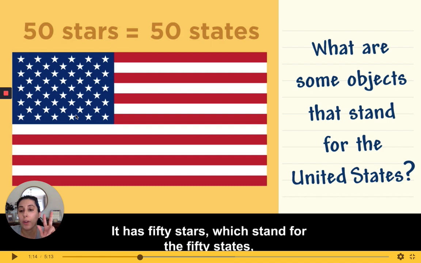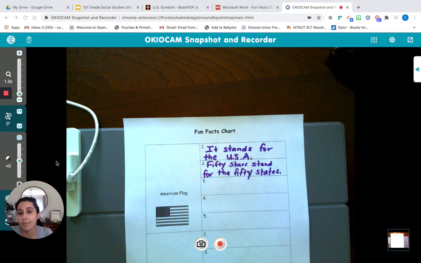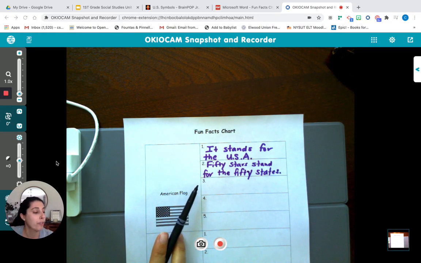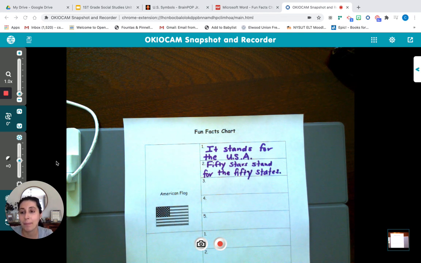Call it out in 3, 2, 1. The 50 states. That's right. So we want to take notes on that as well. Let's see, I wrote 50 stars stand for the 50 states. Can you write something like that too? Pause the video here, and once you're finished writing, you can unpause it so that we can take some more notes.